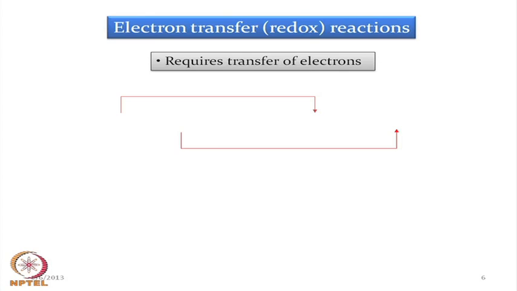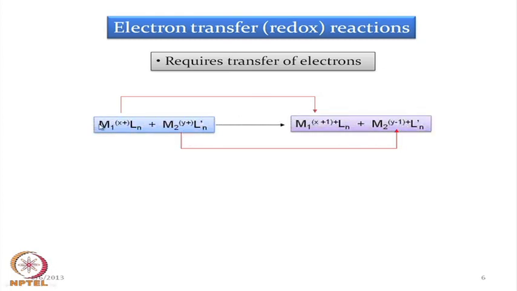So, they all require the transfer of electrons, and this transfer can take place through the involvement of some species where one metal center we consider as M1 and the other as M2.